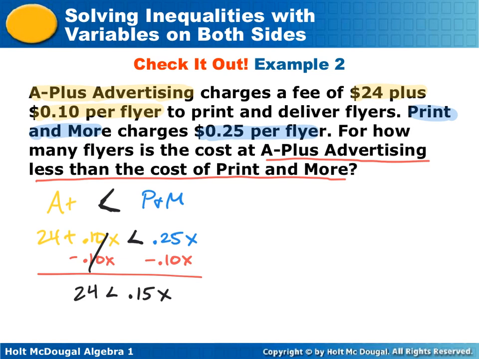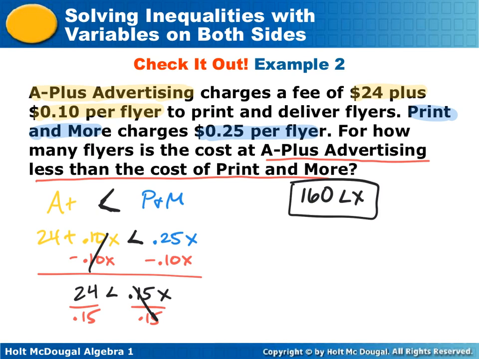So then to get x by itself, you want to divide both sides by 0.15. And what do you get? I got 160 is less than x. Is that what y'all got?